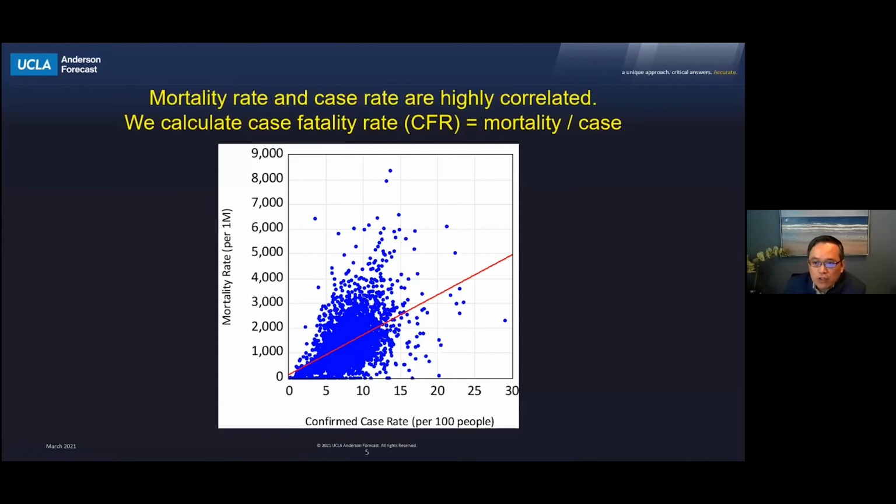Here we calculate the so-called case fatality rate, CFR, which is simply the mortality divided by confirmed cases in a county. In other words, if you look at the chart, those blue dots above the red average line have a higher case fatality rate, while those below the red line have a lower CFR.